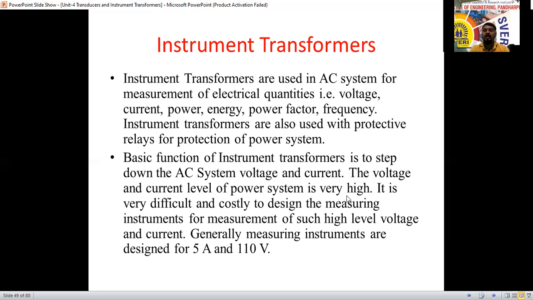Like that, we are going to use some instrument transformers. Instrument transformers are used in AC systems for measurement of electrical quantities, to measure the voltage, current, power, energy, power factor, frequency. So instrument transformers are required for that.